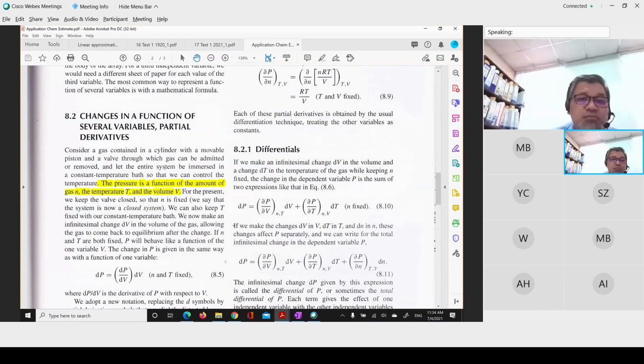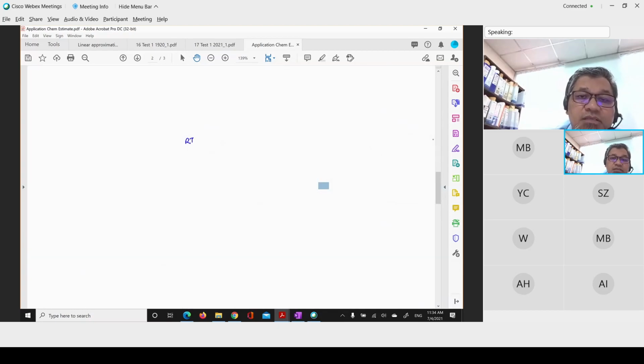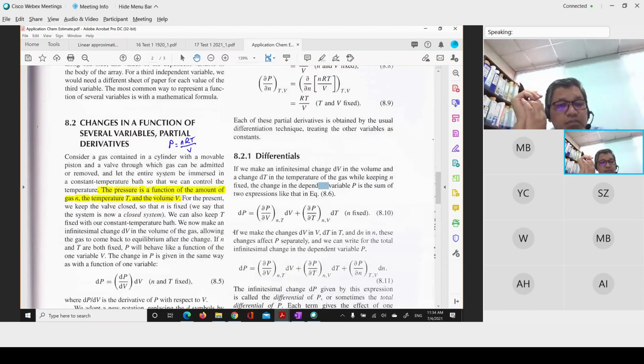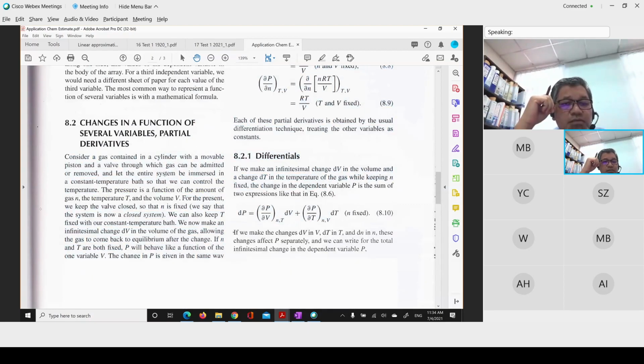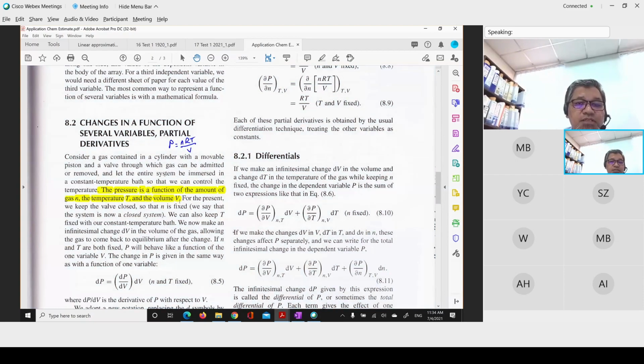I think I have discussed this also in one example before. P is equal to NRT over V, right? N is the amount of gas, T stands for temperature, V stands for volume, and R represents some physical constant.